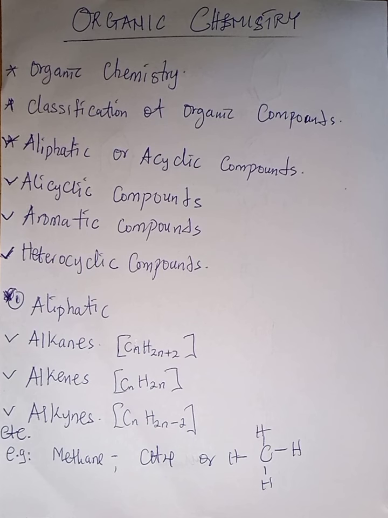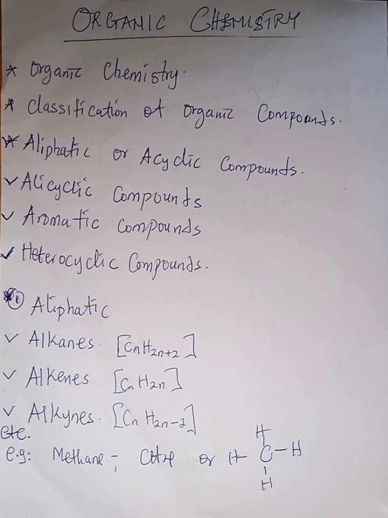But simply, we can say an organic compound is a compound that has carbon and hydrogen bonded together, or carbon-carbon bond chains. Although there are some other atoms that can also associate with these chains, such as nitrogen, oxygen, phosphorus, sulfur, and the rest. They can also come on board here.